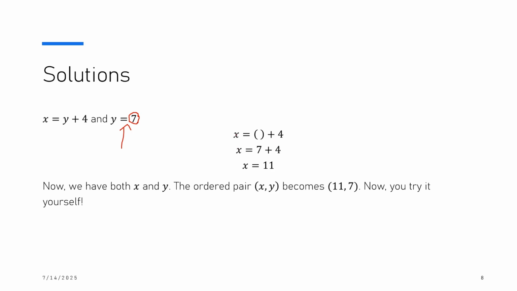You plug in the 7, and over here you evaluate x to be 11. Well, that actually rhymes. Okay. So the ordered pair, which is how we write the solutions to these equation systems, becomes (11, 7).